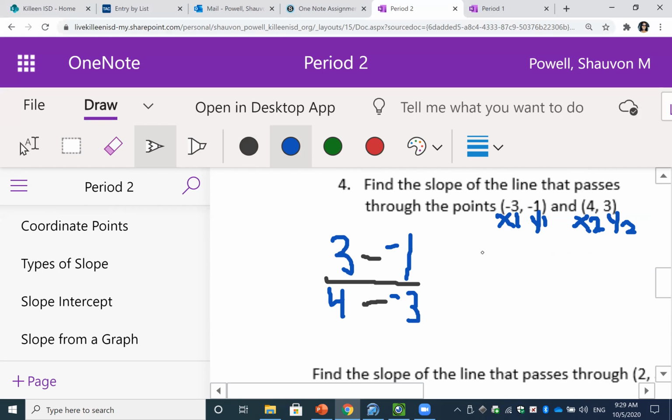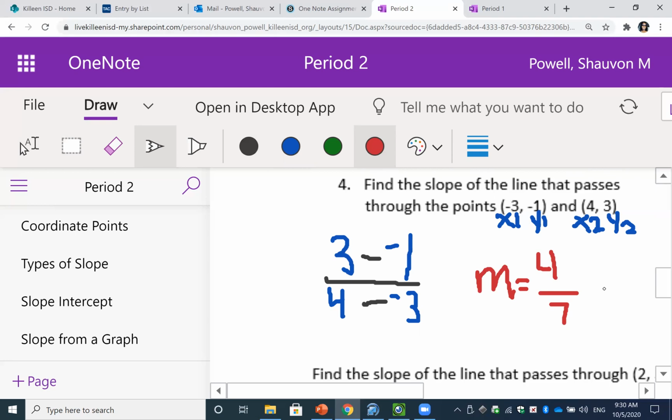So control divide, 3 minus negative 1 over 4 minus negative 3. Enter, and my answer is 4 over 7. So M equals 4 over 7. And then you're done. Okay?